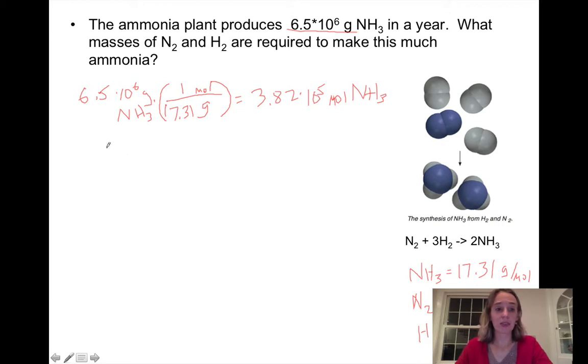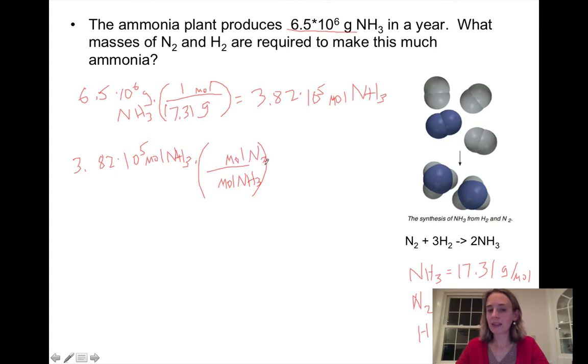My second step is to use the mole ratio. So 3.82 times 10 to the 5th moles of ammonia. And it starts to become really important in stoichiometry to not just label this with the abbreviation mole, but also moles of what? Moles of ammonia. Because the next step would be to calculate how many moles of nitrogen we're going to get. So I want moles of ammonia to cancel out, and I want to get moles of nitrogen.